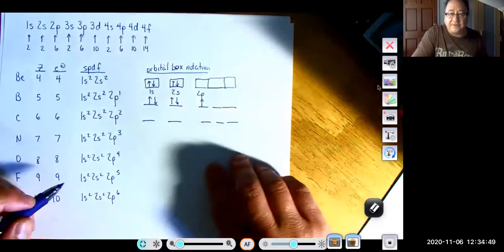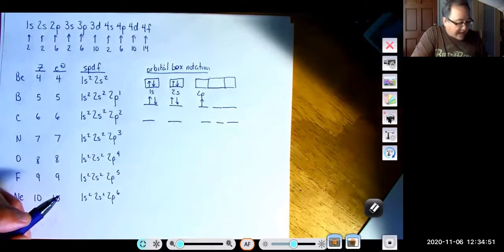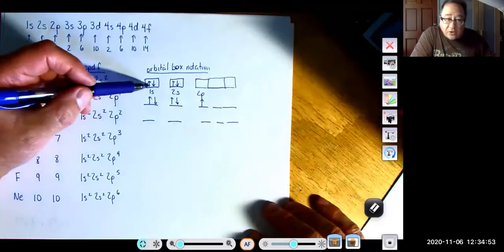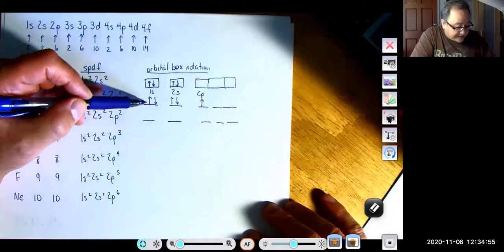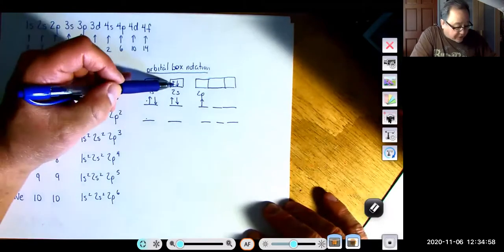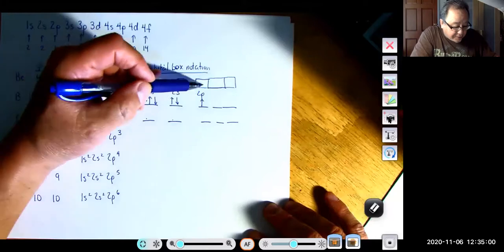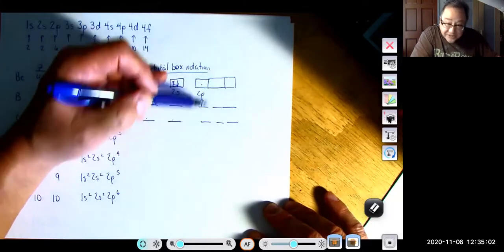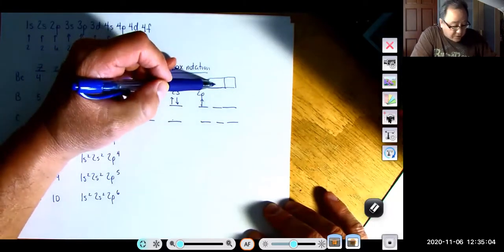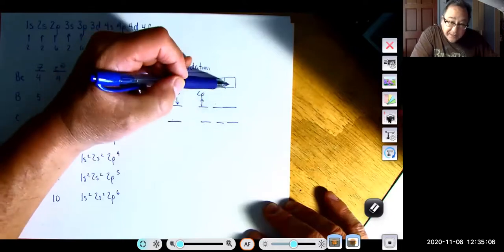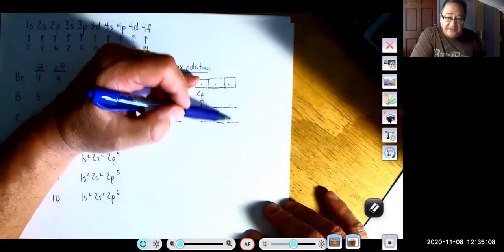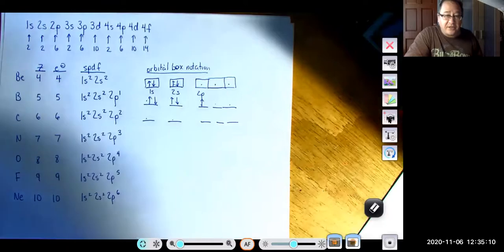So give me a thumbs up if you understand that this is a 1s orbital and so are these. This is a 2s and so are these. This is a 2p and so are these. Each box is an orbital. Are we good?